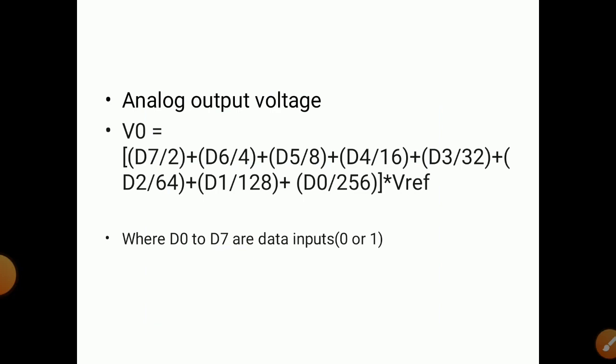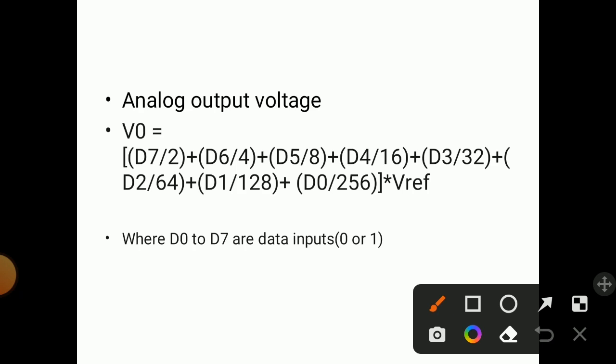Now this is the formula for calculating the analog output voltage. V0 is equal to D7 divided by 2 plus D6 divided by 4, plus D5 by 8, D4 by 16, D3 by 32, D2 by 64, D1 by 128, and D0 by 256, multiplied by V reference. Now in this formula, what are D0 to D7?